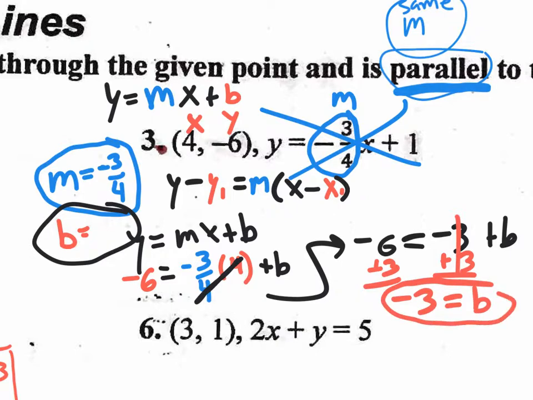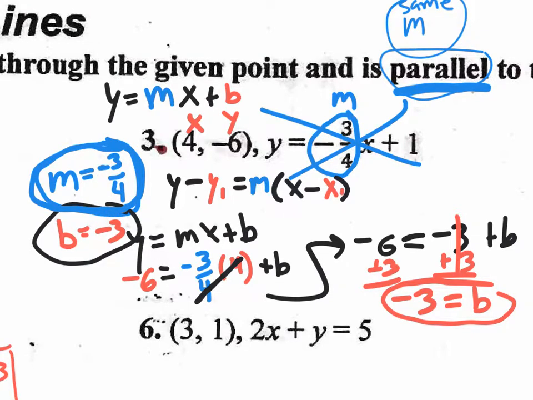And now that I know my b value, which is negative 3, and I already knew my m value because it was given to us because the equation they gave us was parallel to it, now I could write my answer in slope-intercept form, y equals mx plus b. So my equation is going to be y equals negative 3/4 x minus 3.